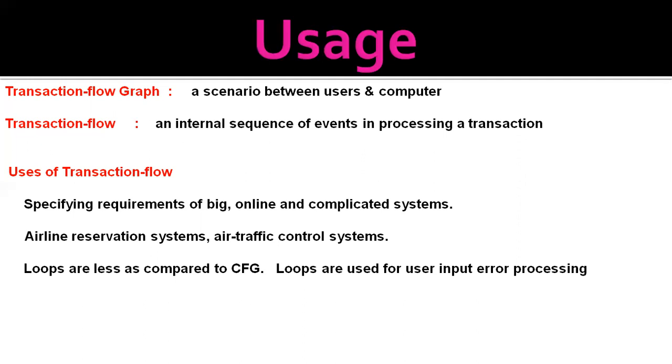So here, the most common loop is used to request a retry after user input errors. Suppose we take an example of an ATM system, which allows the user to try, say, 3 times.